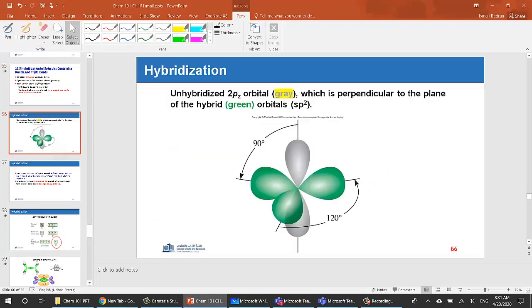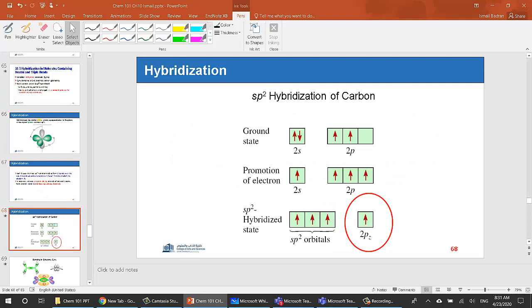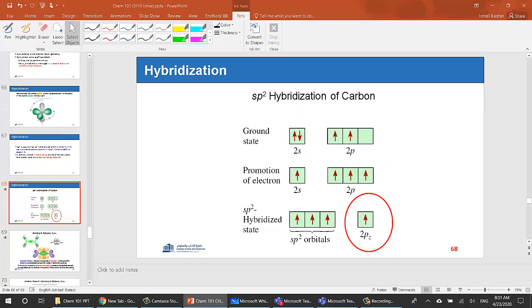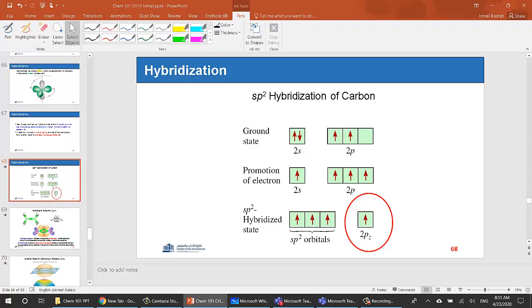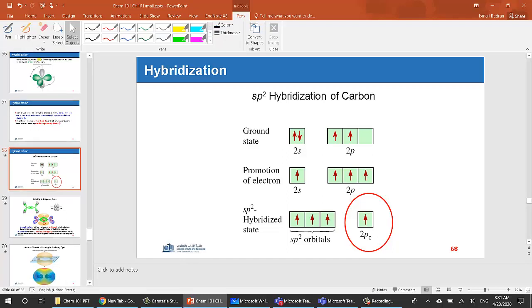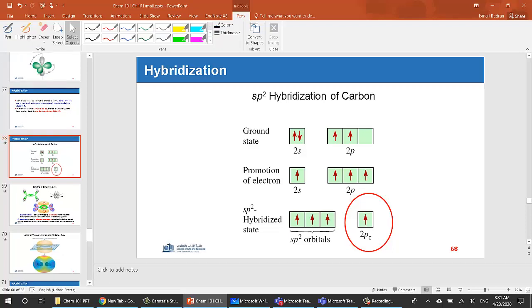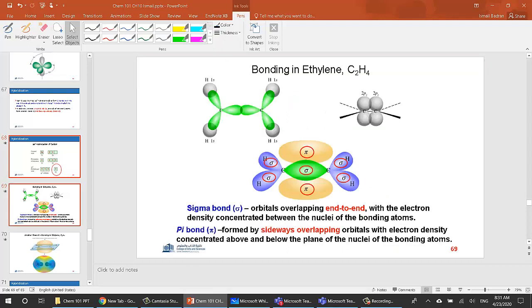So this is all explained here in the sp2 hybridization in carbon. As I said, we are starting with the regular electronic configuration of carbon, which is 2s and 2p. And we have the promotion of electrons. Now you have three sp2 orbitals, but you have a 2pz orbital with one electron left, and this is exactly what's happening.